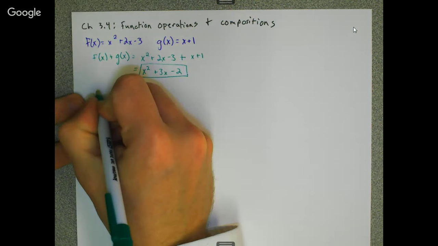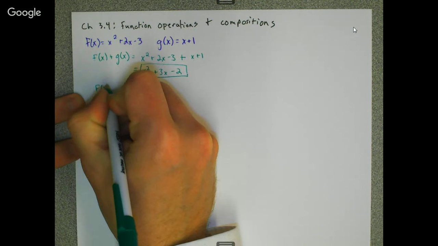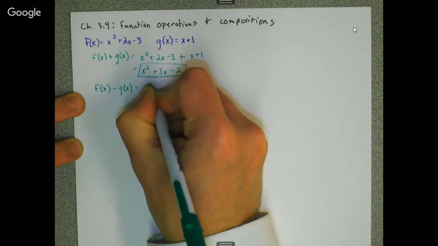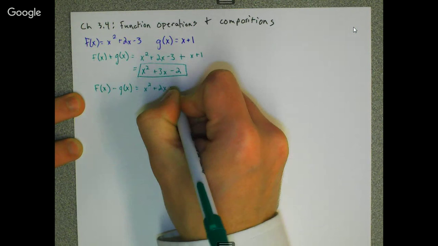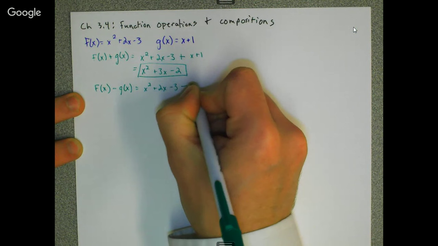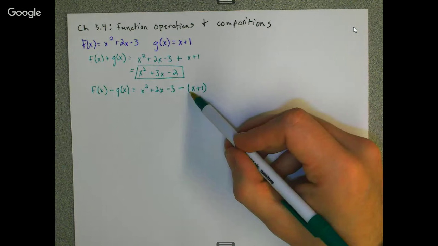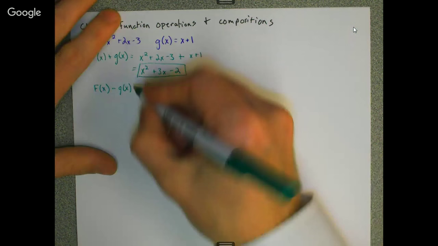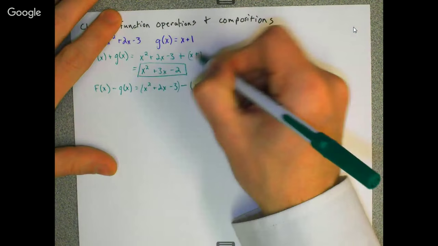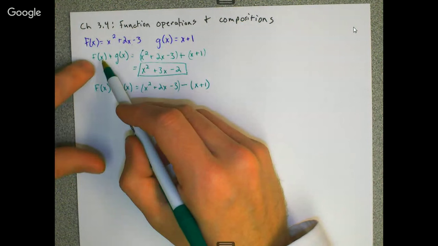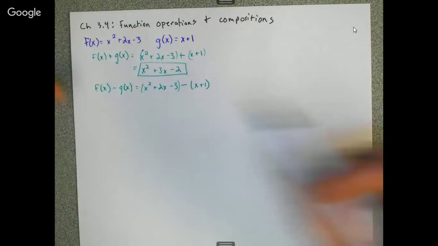Now let's subtract functions. So I have x squared plus 2x minus 3 minus x plus 1. Now note that I put it in parentheses. I really should have been putting all these in parentheses, because we're taking this and substituting it in for those variables.